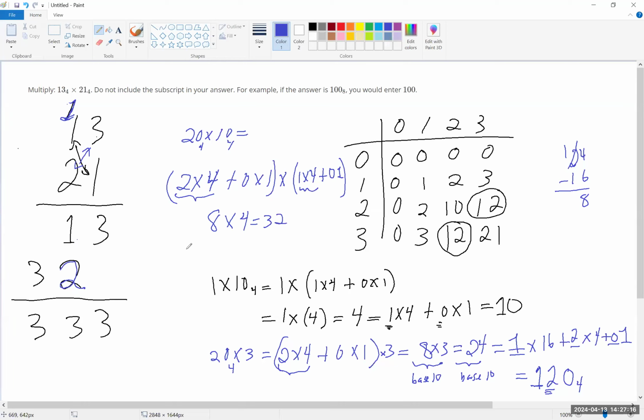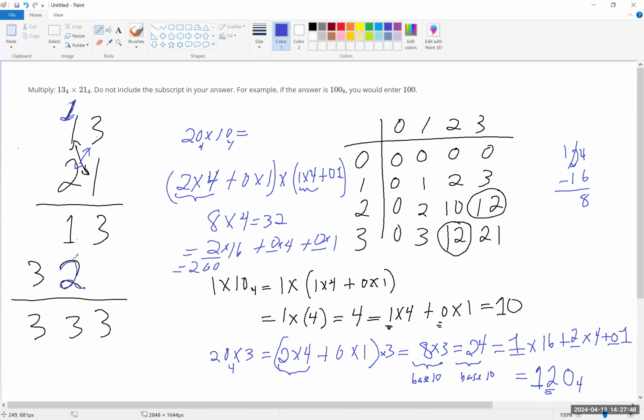But 32 things back to base 4 is blank 16 plus blank 4 plus blank 1. 32 is 2 of the 16s, none of these other ones. So it's 2, 0, 0.